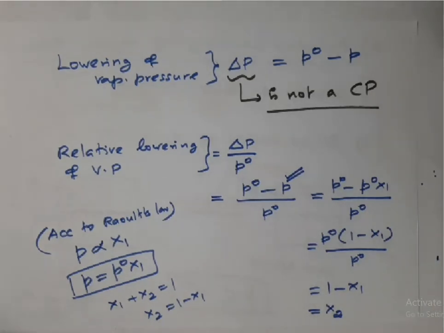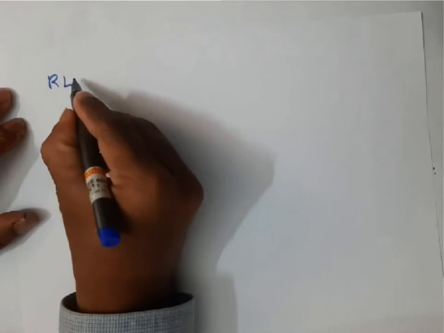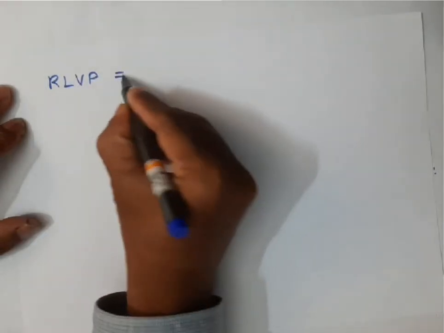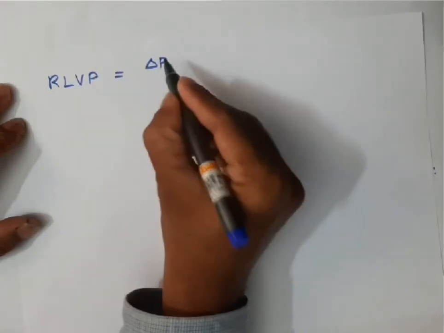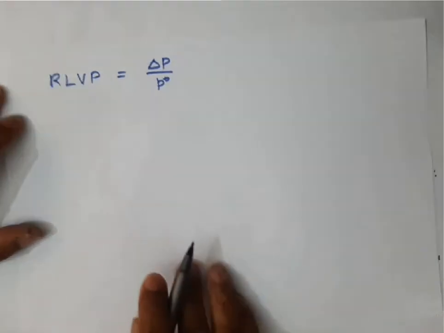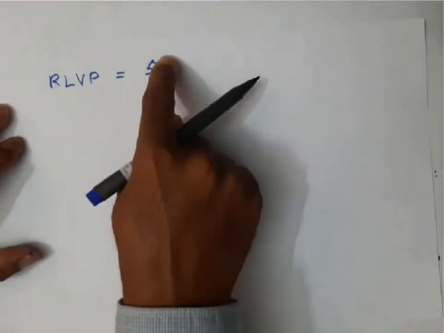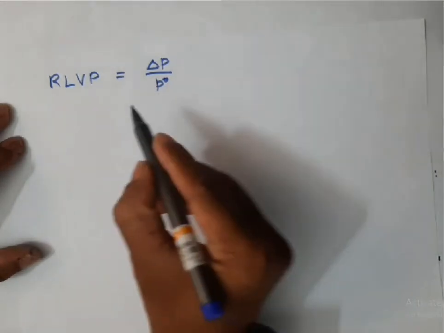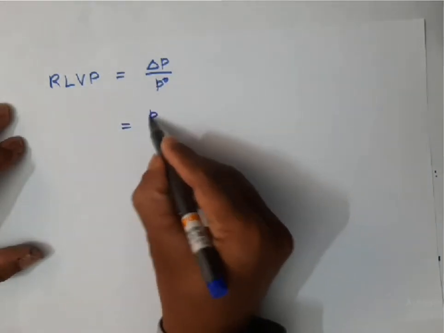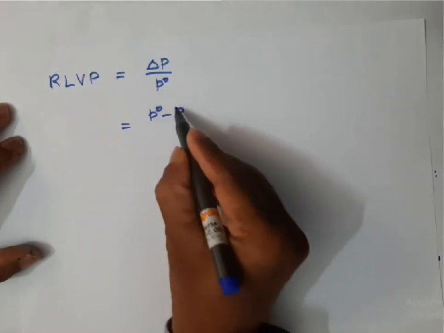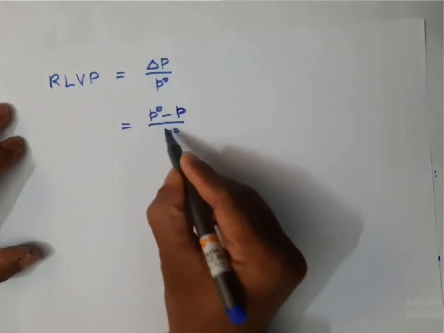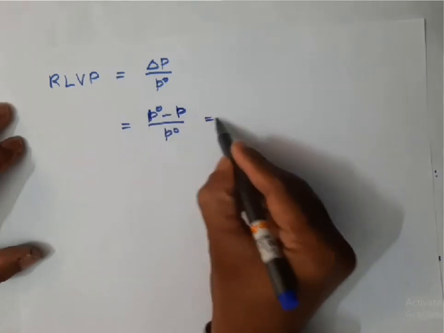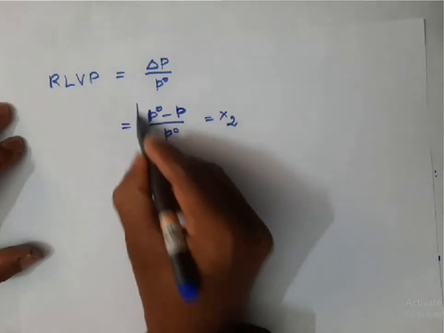So observe carefully. Relative lowering of vapor pressure is denoted as delta P by P naught, lowering of vapor pressure by vapor pressure of pure solvent. This is also written as P naught minus P by P naught, which is equal to mole fraction of solute.